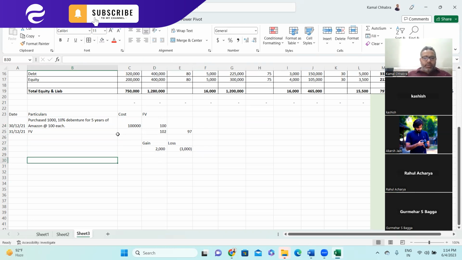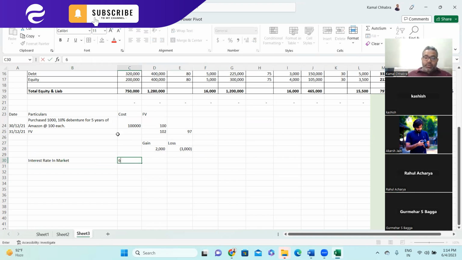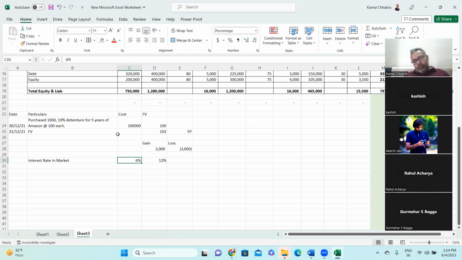Now let's assume the market interest rate is 6% or the market interest rate is 12%. If the market interest rate is 6% and you are giving 10% interest, will you be charging a premium?